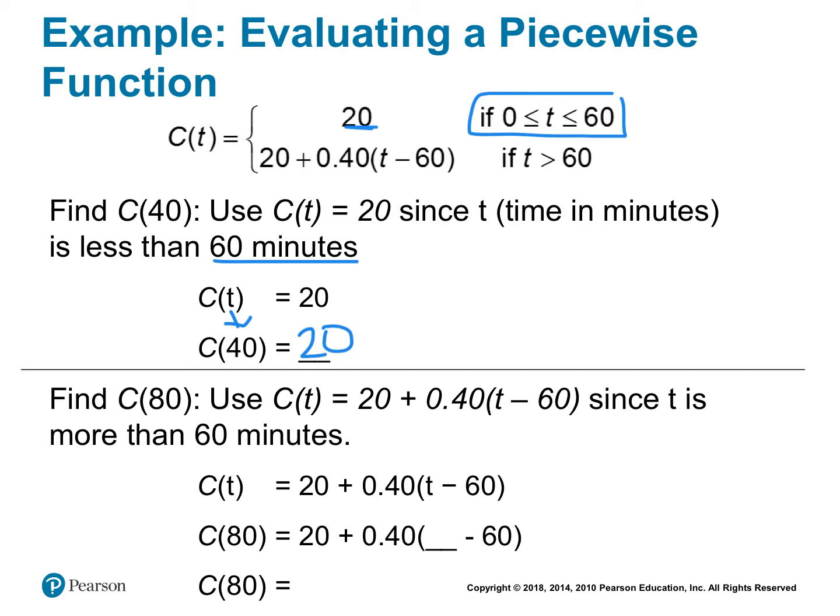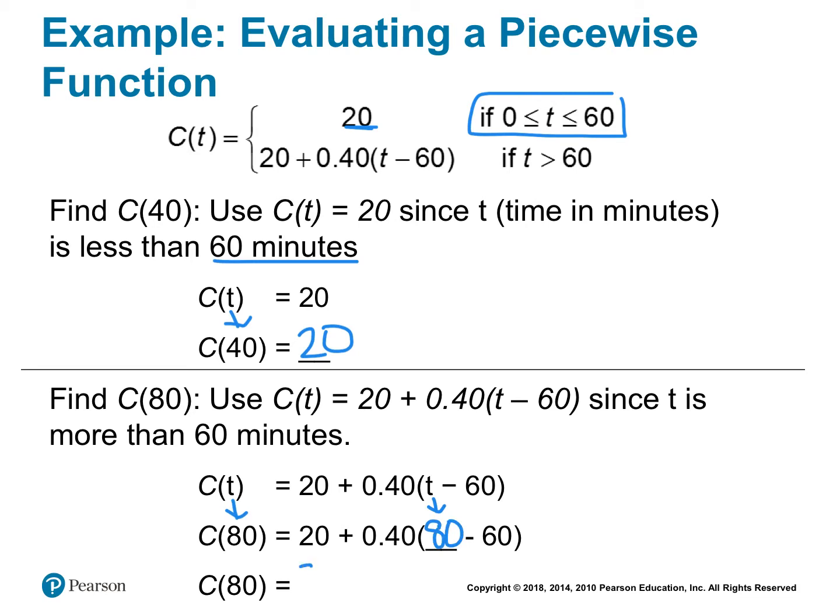Now we'll find C of 80. So we're going to use the second equation, the 20 plus the 40 cents per minute that's over 60, since the T is more than 60. So for the time we're using 80. So we're going to replace this time with 80.